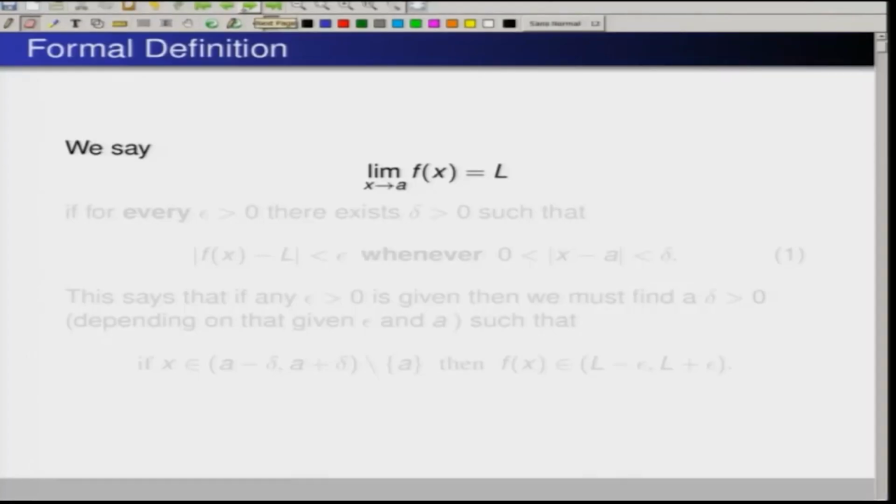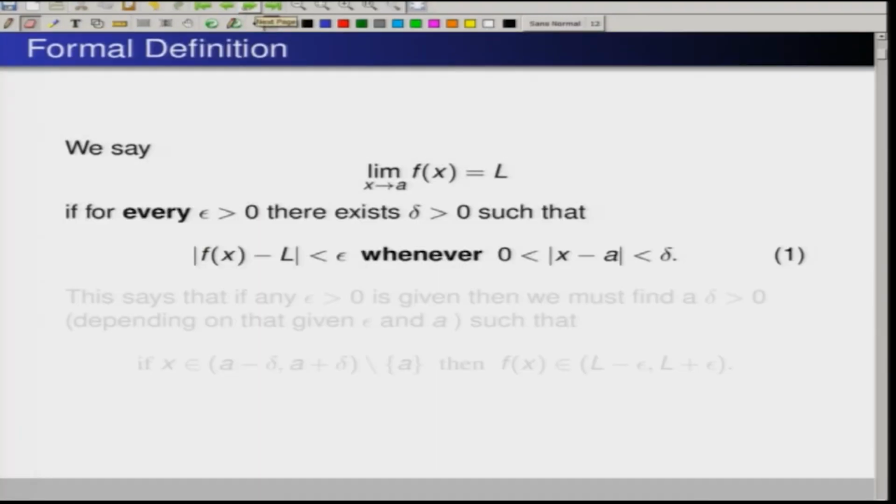We say f is a function, and we say that the limit of f of x as x goes to a is equal to L if, for every epsilon, given any epsilon, that means if we have been provided with an epsilon, then for that epsilon there will exist a delta which is positive, such that f will be taking values close to L, that means mod of f of x minus L is less than epsilon whenever mod of x minus a is less than delta.